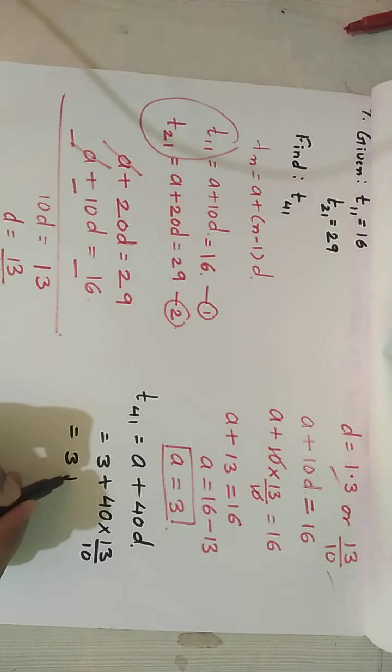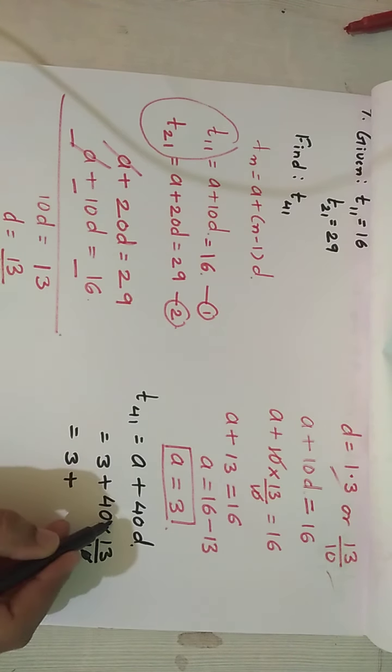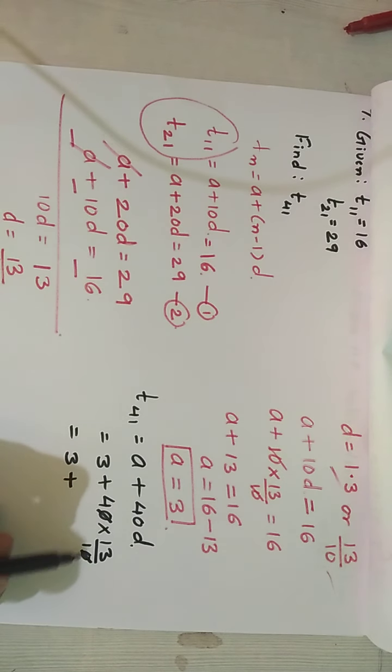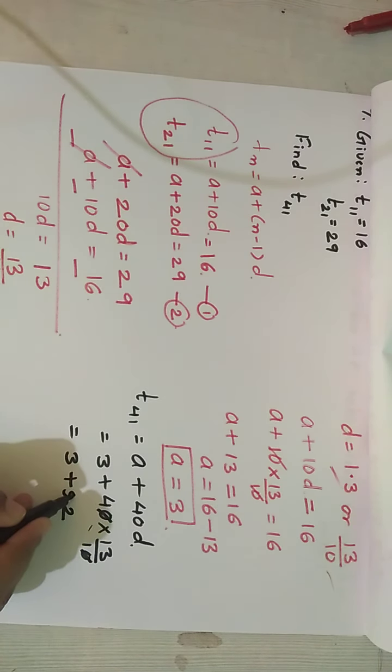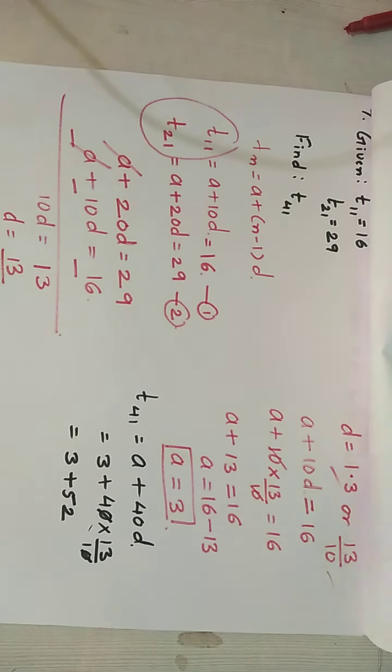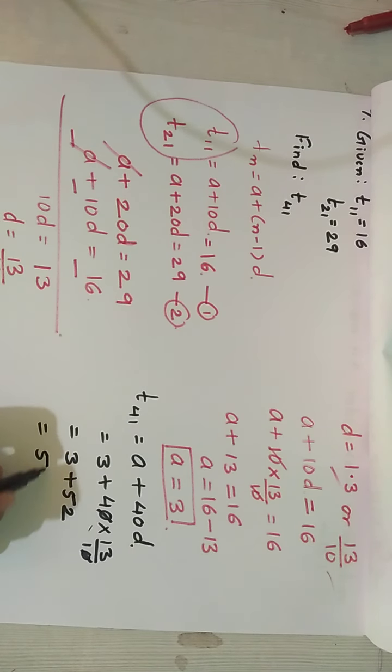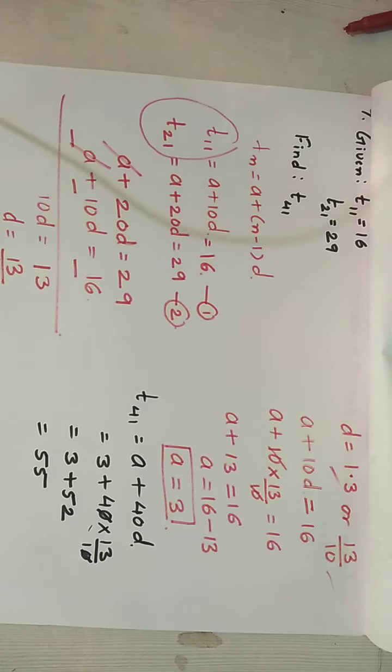This will be 3 plus, the 0 and 0 cancel. Since it is multiplication, you can cancel them. If it was a plus over here, you cannot cancel them. So you have 4 13s, 52. So this will be 55. So the answer of T41 is 55.